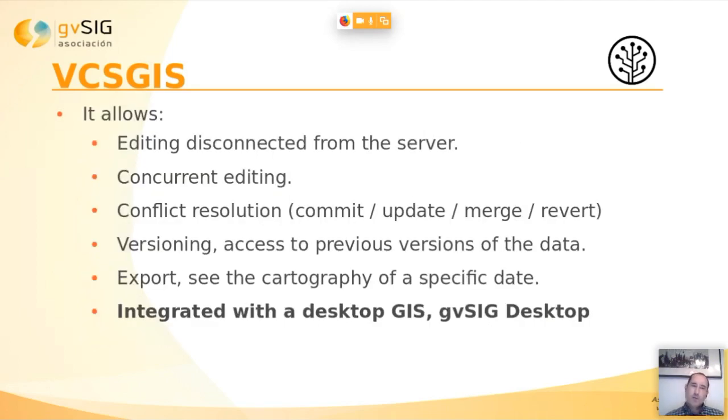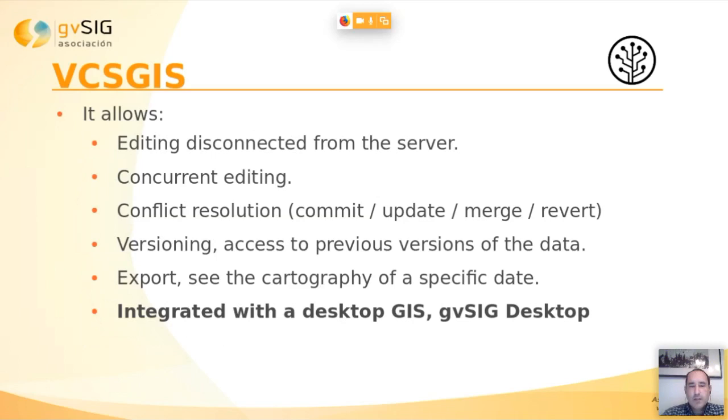So with the version control system for GIS available in gvSIG desktop, we can edit disconnected from the server. We have concurrent editing. We also can resolve the conflicts. For example, we have commit, update, merge, and revert options when we use the cartography editing tools.